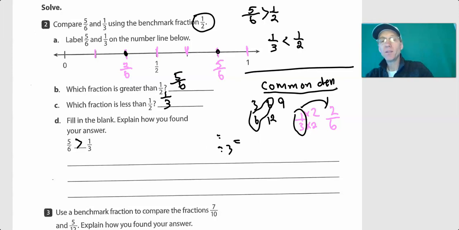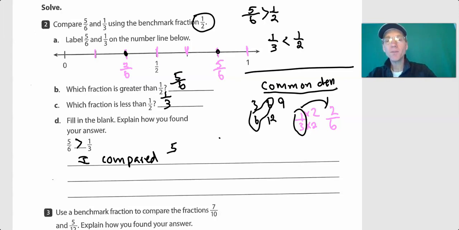Okay, let me get rid of that. Then you got your explanation here. Explain how you found your answer. So I would say I compared 5/6 to 1/2 and 1/3 to 1/2.